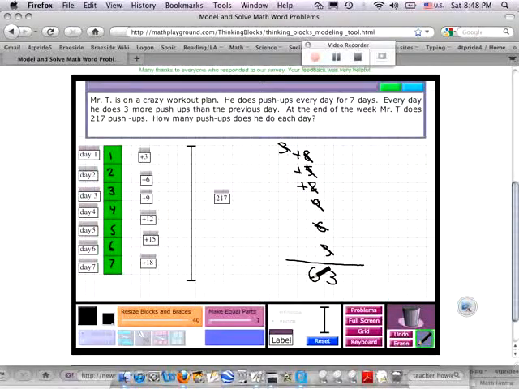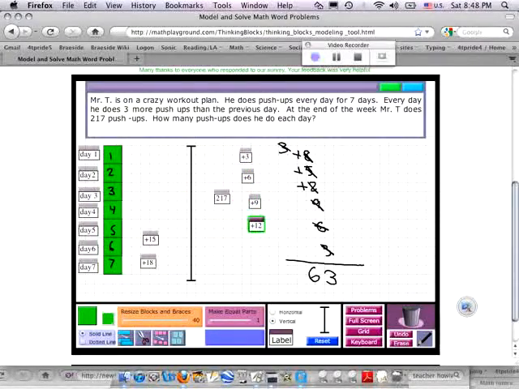Well, that totals 63. So let me just move all of these out of the way here, because what we have then is 7 boxes plus 63 equals 217.